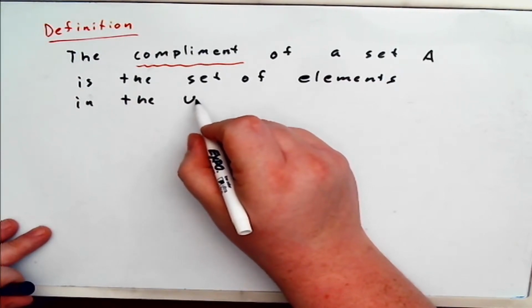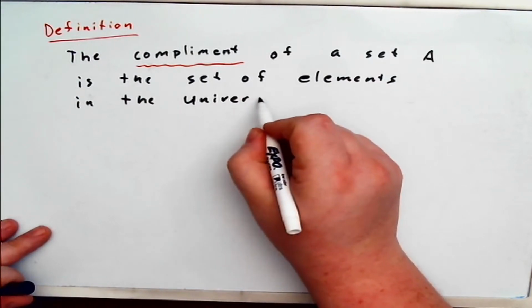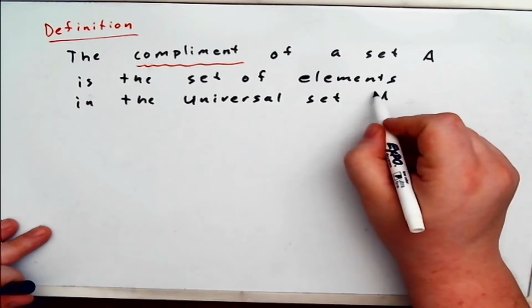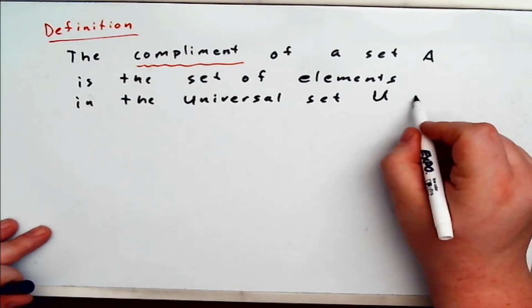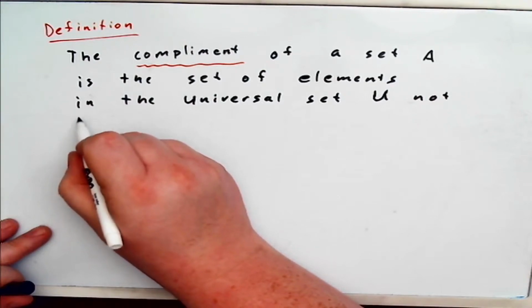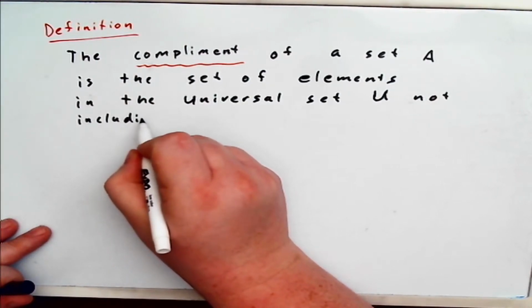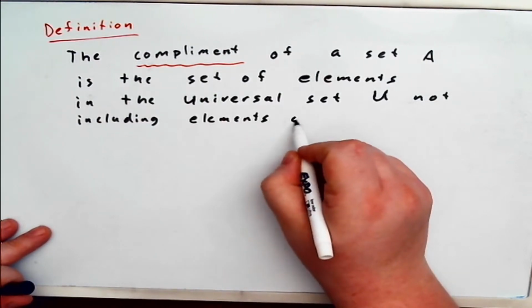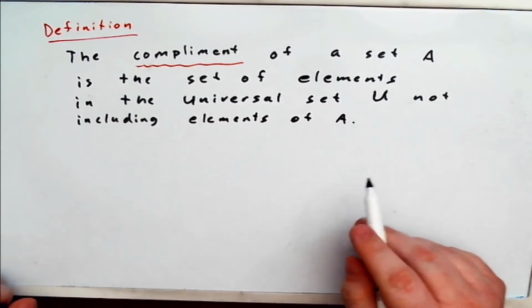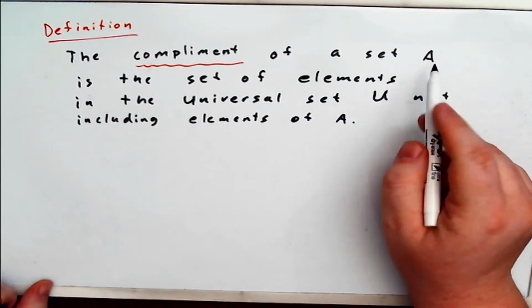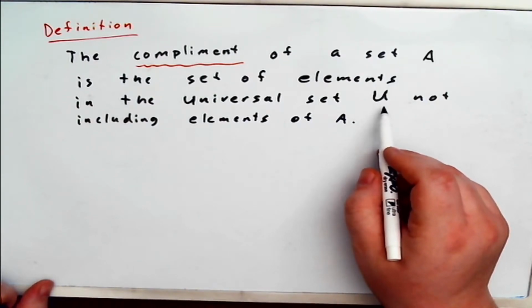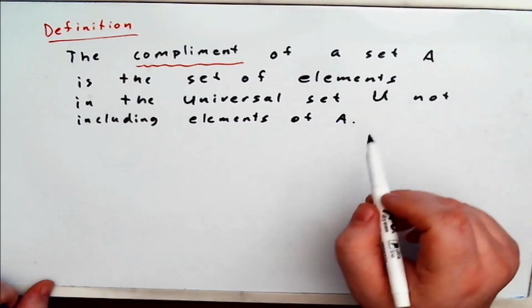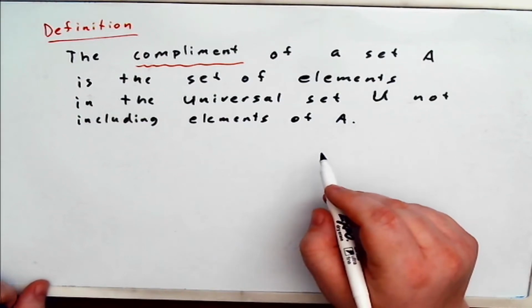Remember the universal set, capital U, not including elements of A. Okay, so when we want the complement of A, we need to have this universal set U defined, because we're going to take the entire set of elements in U and then remove the elements of A from U, and that's defined as being the complement.